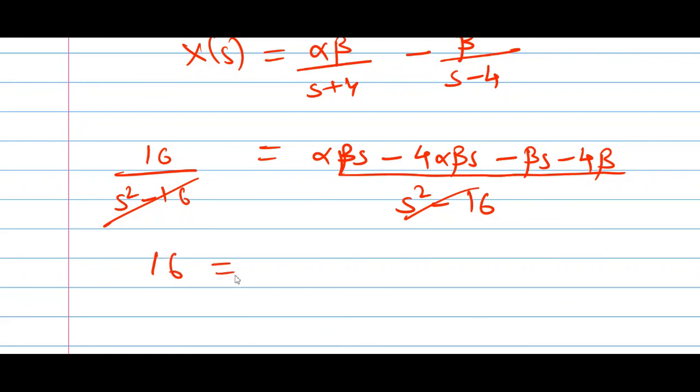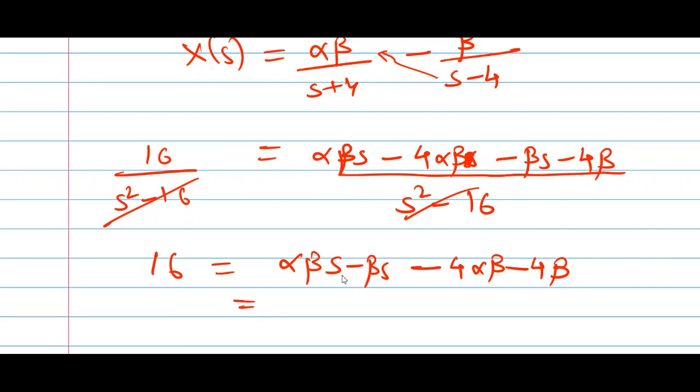So 16 equals, you can take the s terms together, and here it is 4 alpha beta only, when I have cross multiplied this. So alpha beta s minus beta s minus 4 alpha beta minus 4 beta.